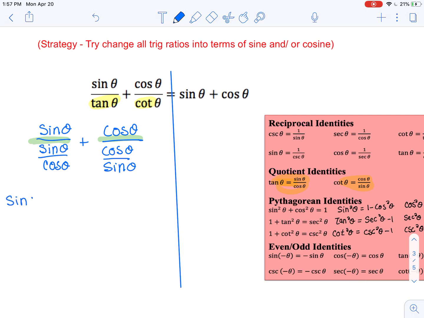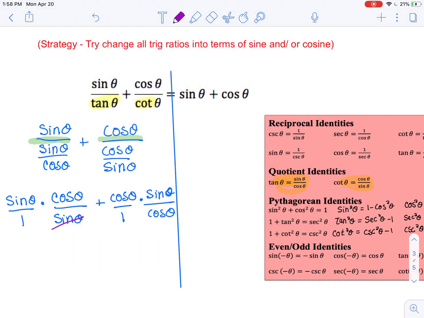So I'm going to take sine theta and multiply times the reciprocal. I'm going to take cosine theta and multiply times the reciprocal. I just like to put these over 1. This makes me super happy at this point.